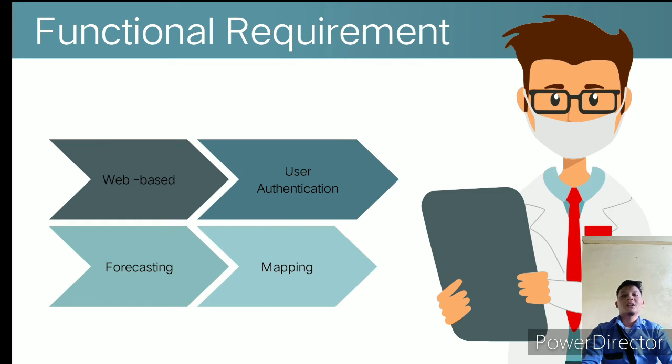Web-based means the system will run through a web server, unlike other computer-based systems. User authentication. The system will require the registered account of the user. The forecasting. The system will predict infectious disease depending on the data provided. And mapping. The system can track the direction of the spread of diseases.